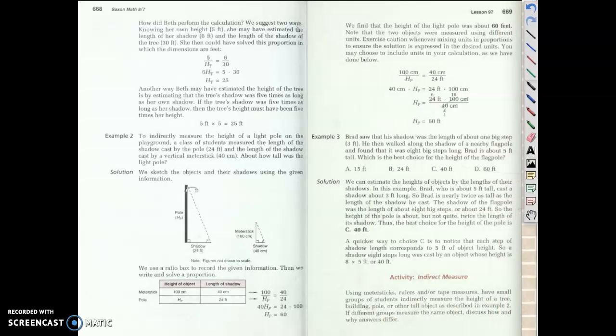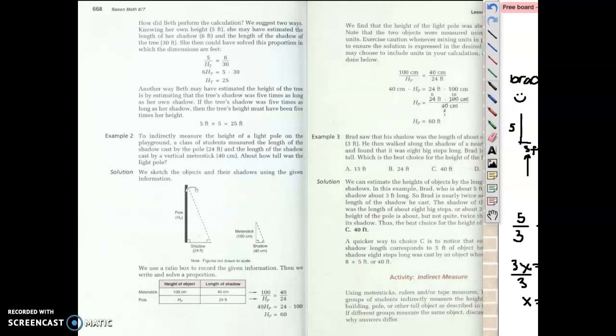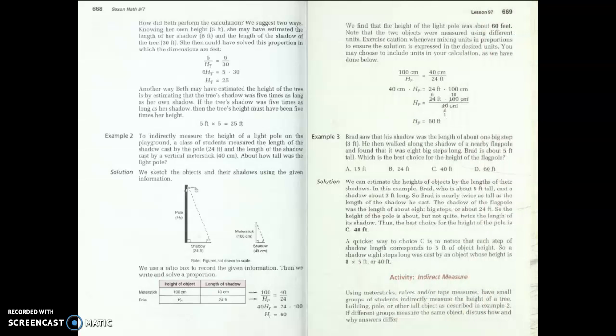Next, we divide both sides by 3 and get x is equal to 40. And that's your option right there.